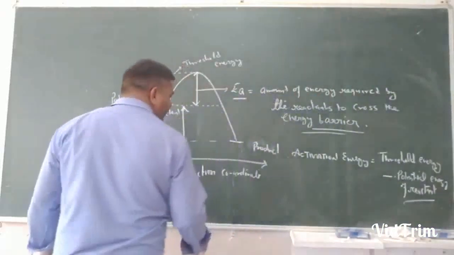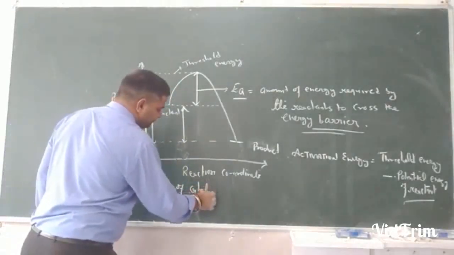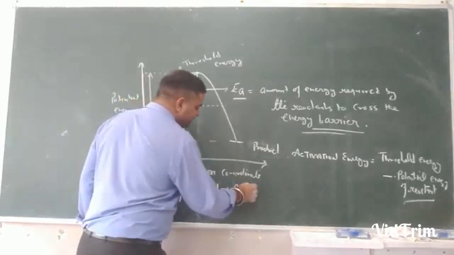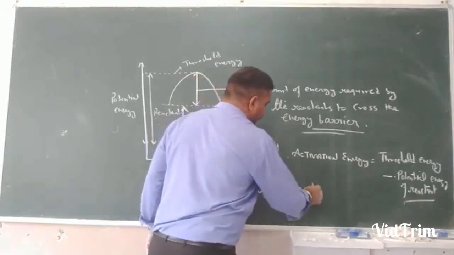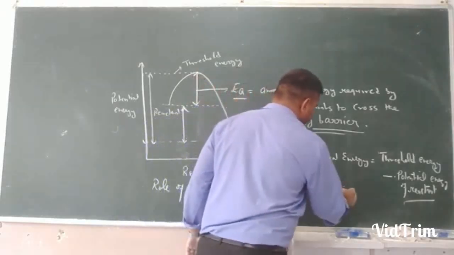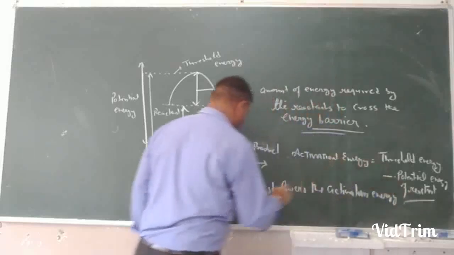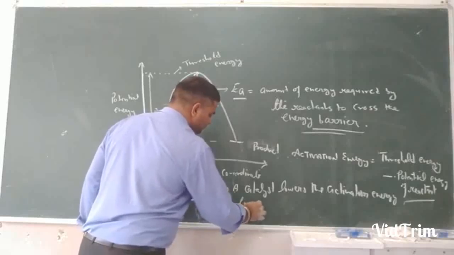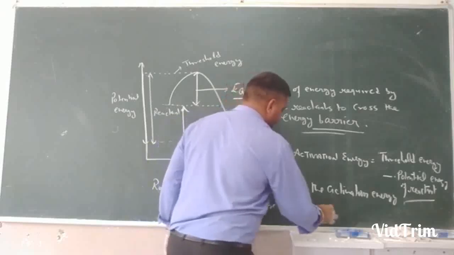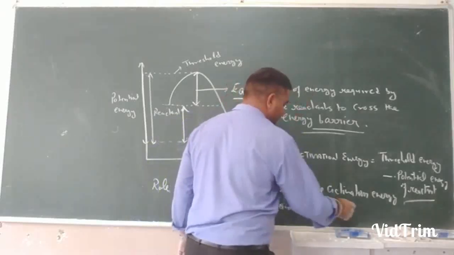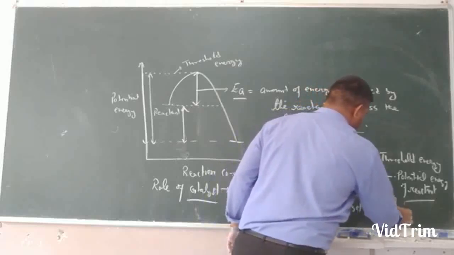So here, role of catalyst: a catalyst lowers the activation energy, hence more and more reactant get converted into product.